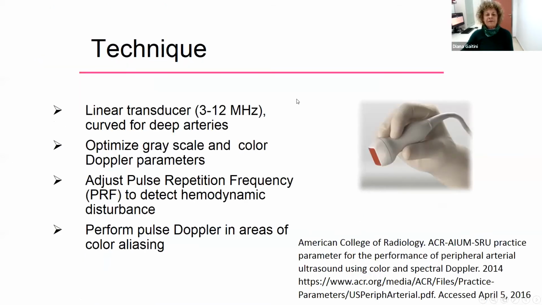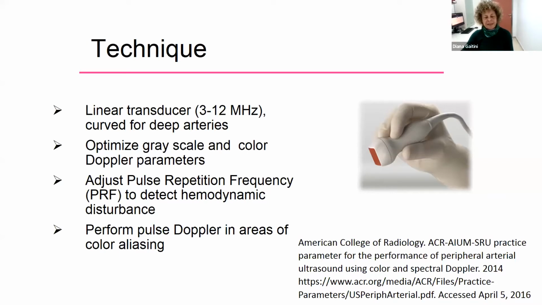How is the technique of examination? We will use a linear transducer of a high frequency from 3 to 12 megahertz. For deep arteries or a bigger subject, we will change to a curved transducer with a lower frequency. We have to optimize the grayscale and the color Doppler parameters and adjust the pulse repetition frequency to detect hemodynamic disturbance.